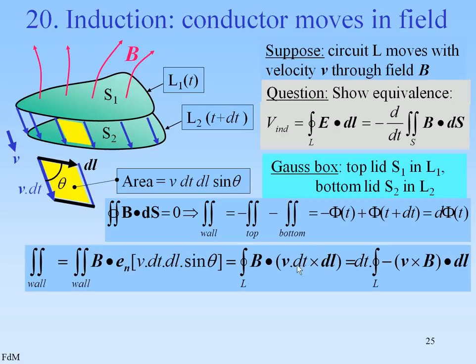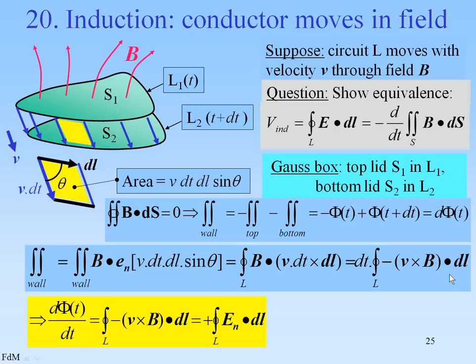This is the same as what's here in these points, except that we have taken the direction of en inside the dl. And this can be written as dt times minus v times B times dl, just a rearrangement of the vector product: dt times the path integral of minus v times B times dl.